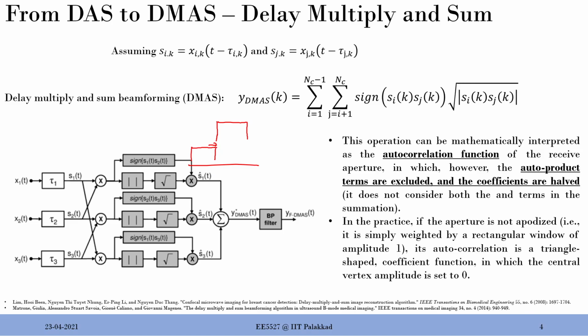You first will not have any overlap. Now I'm touching it here, then you move it, move it, move it. At each movement you calculate the product and then sum it up. If you carefully observe it, it looks like a triangle. The autocorrelation between a rectangular window and itself will look like a triangle function.